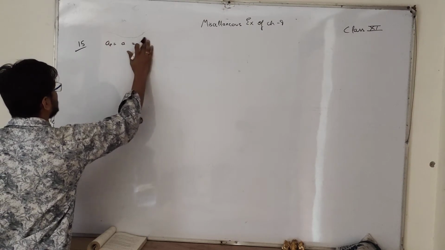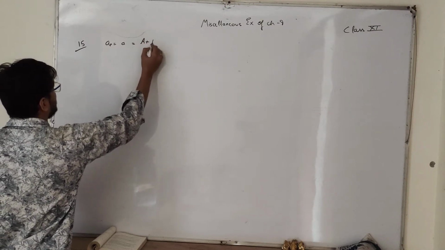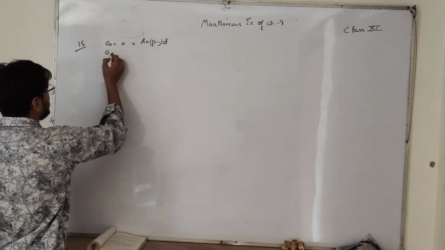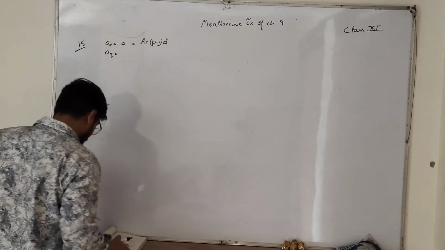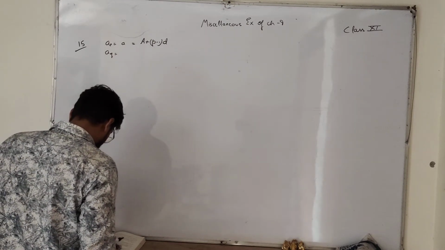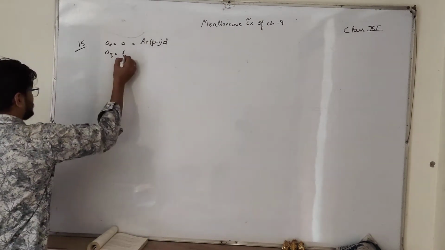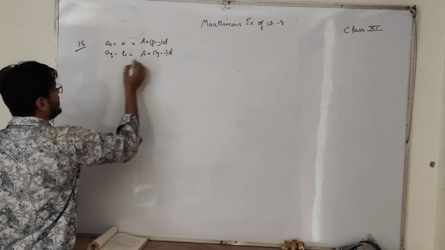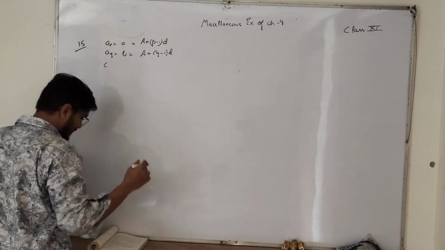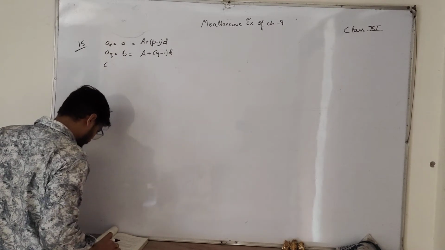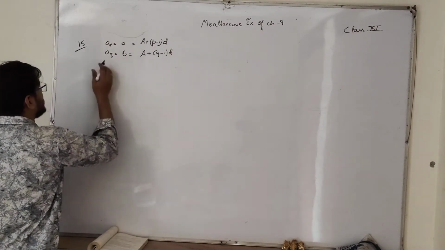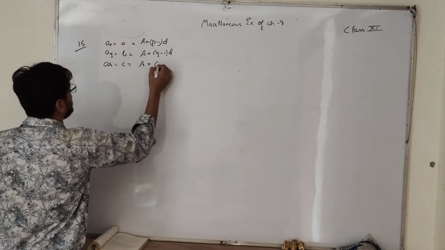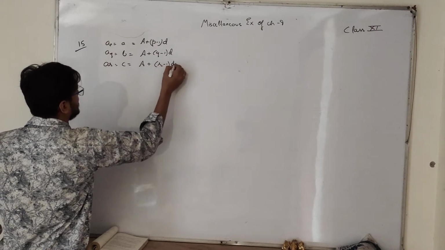The pth term means A plus (P minus 1) D, right? Similarly the qth term, AQ is equal to B, which is equal to A plus (Q minus 1) D. And AR is equal to C, which is A plus (R minus 1) D, right?